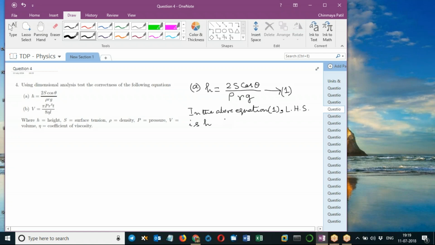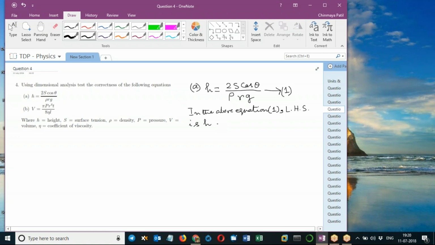It defines how much height a liquid can go in a capillary tube. That you will understand later. It describes the rise and fall of a liquid within a thin capillary tube. So h is the distance traversed by a liquid in the capillary tube.